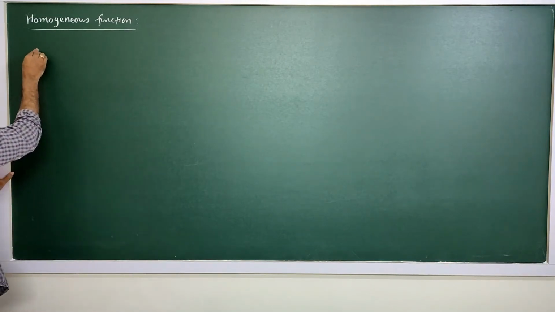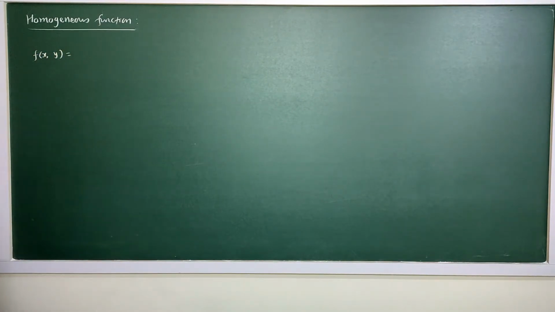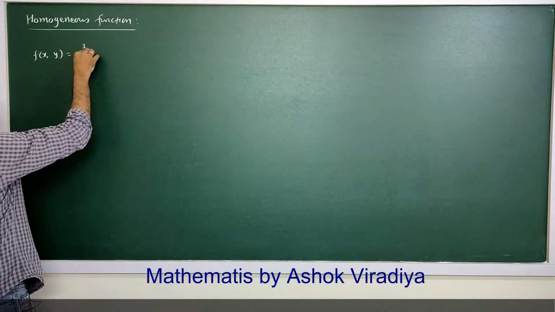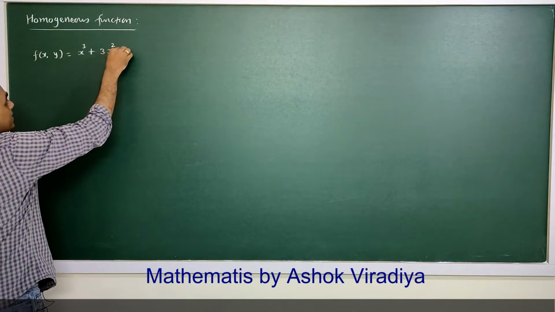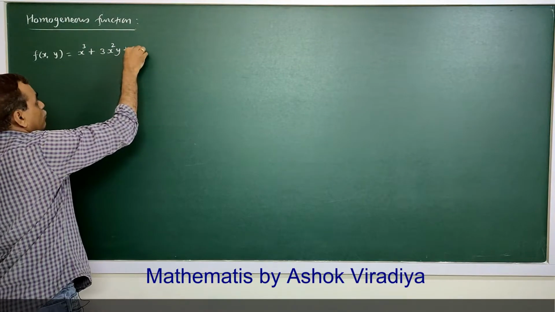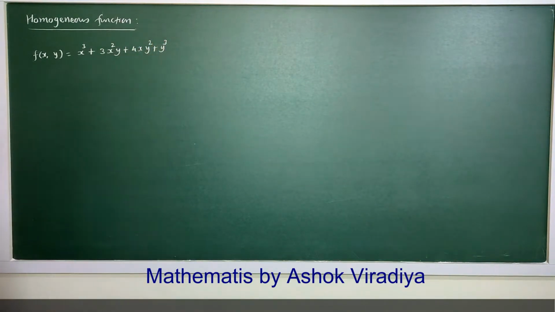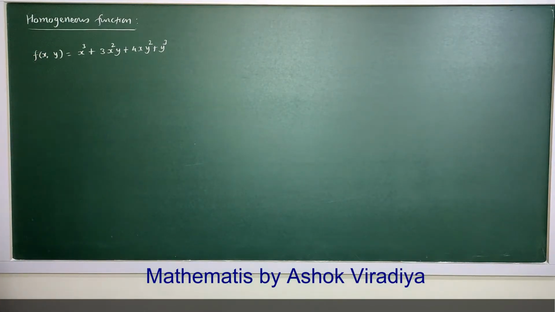Suppose here I am taking a function in two variables, f of xy, is x raised to 3 plus 3x square into y plus 4xy square plus y raised to 3. This is a function in two variables.